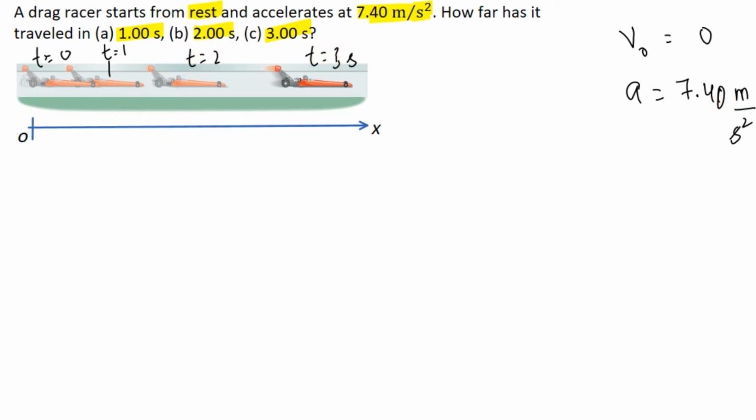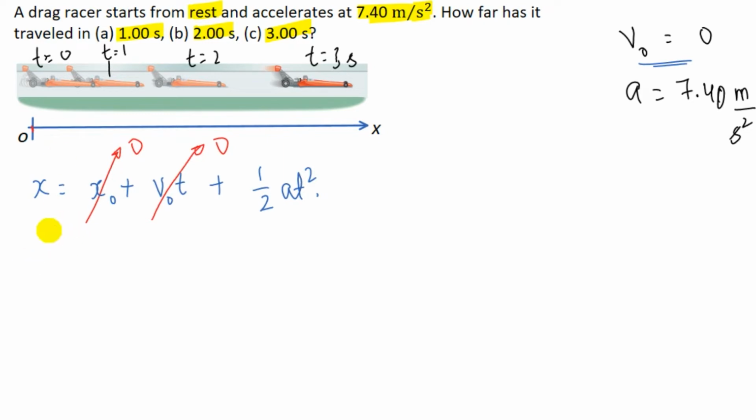Now since acceleration is constant, we can use the equation that we have derived, the third equation, which is x equals x naught plus v naught t plus 1 over 2 a t squared. Since the velocity is 0, this term would be 0, and the body starts from the origin, so x naught will also be 0.